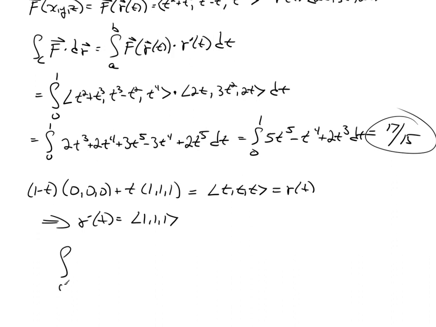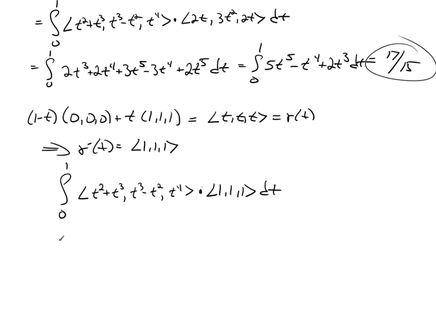So what I'm looking for is the integral from 0 to 1 of f of r of t, which is still going to be t squared plus t cubed minus t squared t to the fourth, dot 1, 1, 1 dt, which is just going to be equal to the integral from 0 to 1 of t squared plus t cubed minus, whoops, this is supposed to be cubed, minus t squared plus t to the fourth dt.